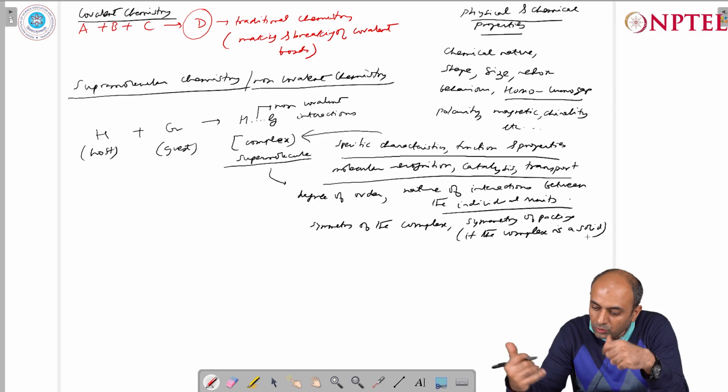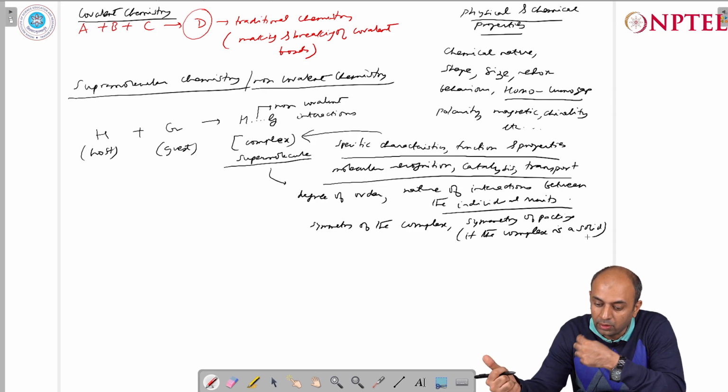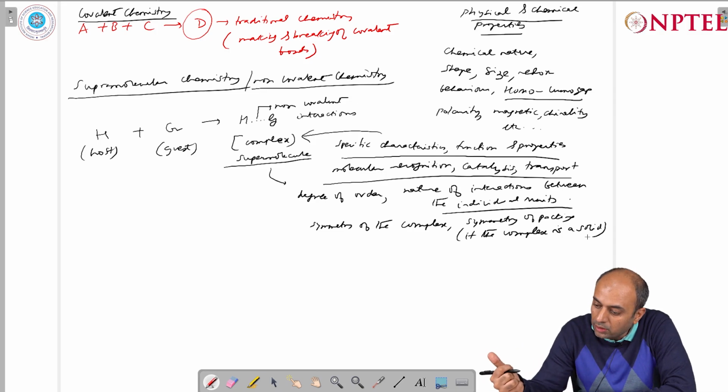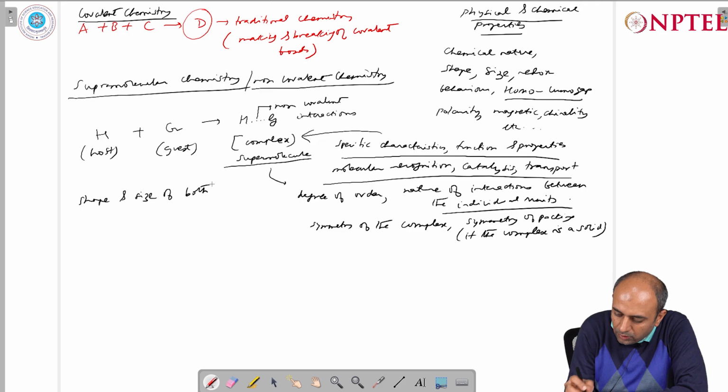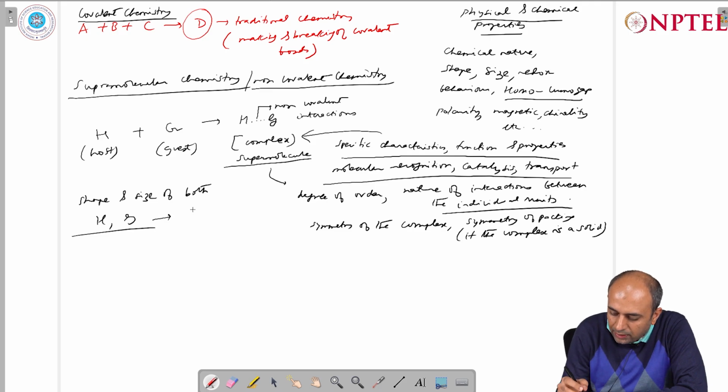And it is also important to keep in mind, we will discuss more and more as we go into the course, that apart from these particular features, it is also important to keep in mind the shape, size of both host and guest molecules, and then what is the overall shape of the complex.